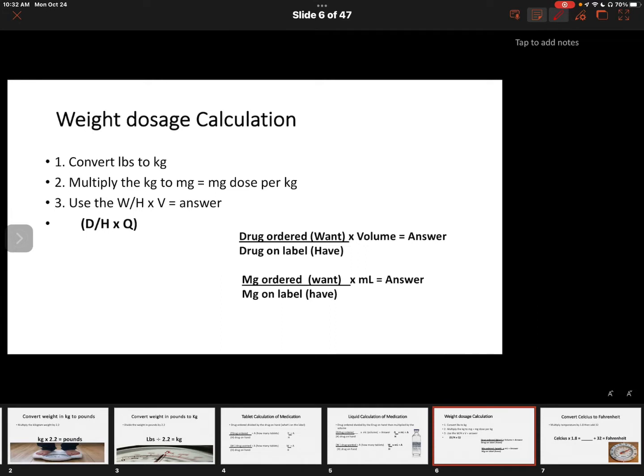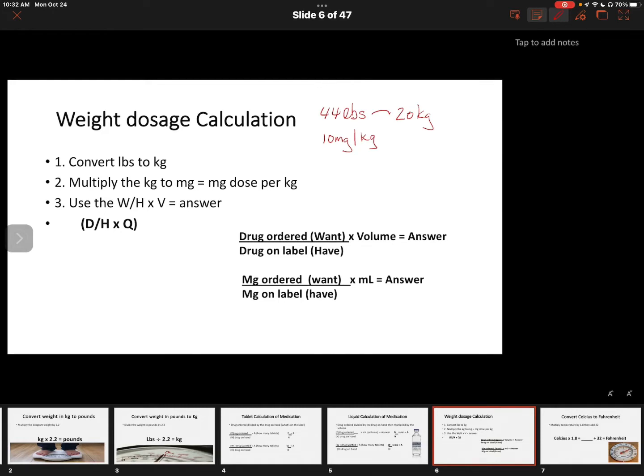So we may have a scenario that tells us that the patient weighs 44 pounds. And so we'll convert that to kilograms and we'll come up with 20 kilograms. And then the physician may say that the patient's to have 10 milligrams per kilogram.